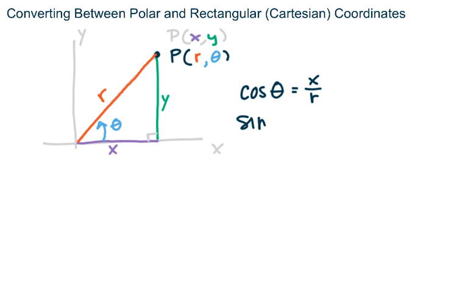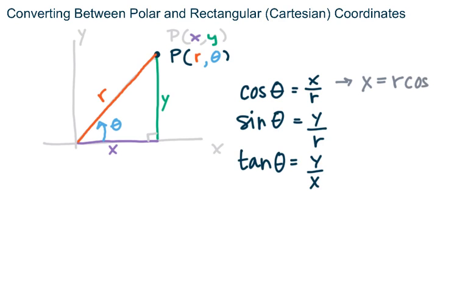Sine of theta would be opposite over hypotenuse, y over r, and tangent theta is y over x.